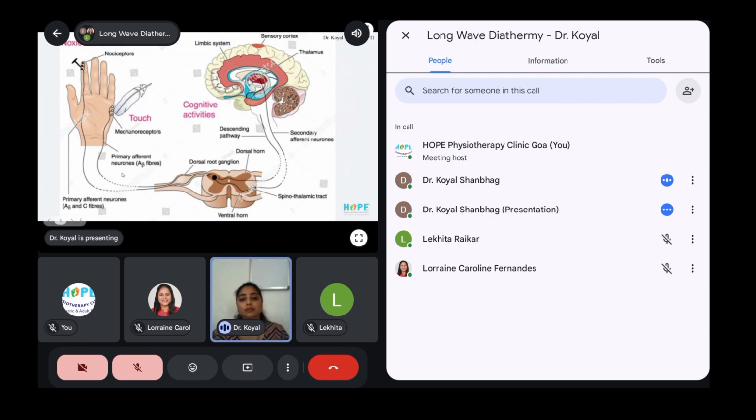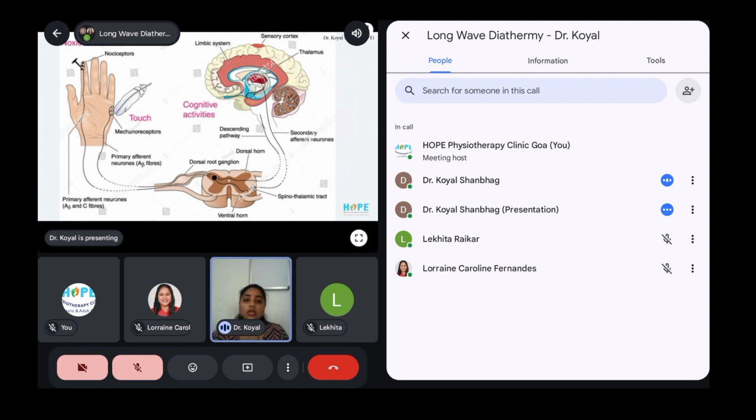So we all have nerves that go from the various parts of our body through the spinal cord to the brain. In the nerves, there are two types of nerve fibers, the large ones, which are usually myelinated, and the small nerve fibers that are non-myelinated or semi-myelinated.